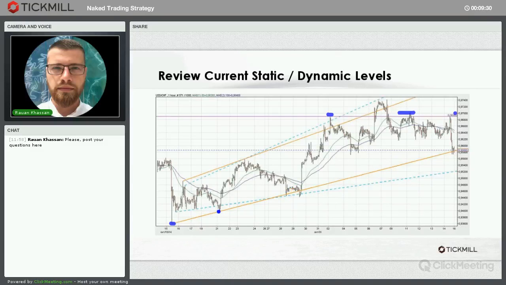The confirmation goes through two more points when the dynamic support was tested for 2 times, and it became actual.